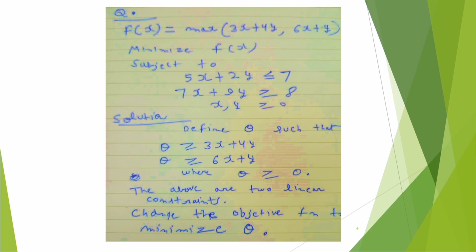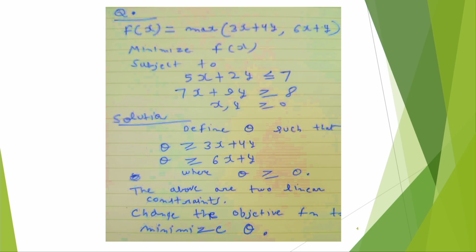Okay, let us say that this type of problem, suppose you have f(x) equal to the maximum of 3x plus 4y comma 6x plus y. Now how to solve that type of thing? We have got a function and we have a linear problem. f(x) is defined like that. f(x) is the maximum of two functions.